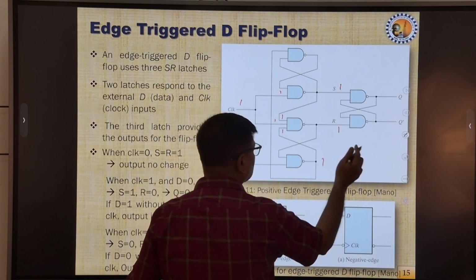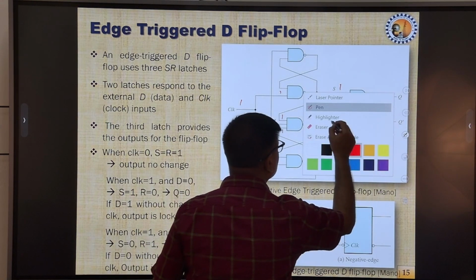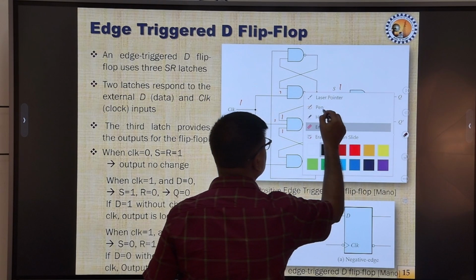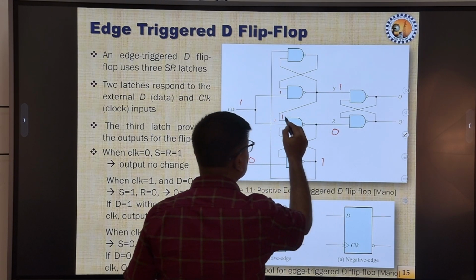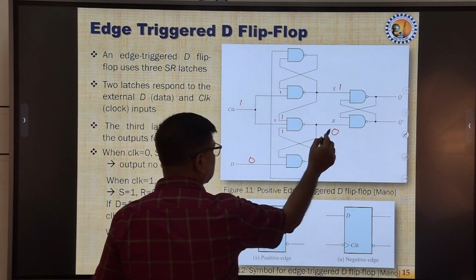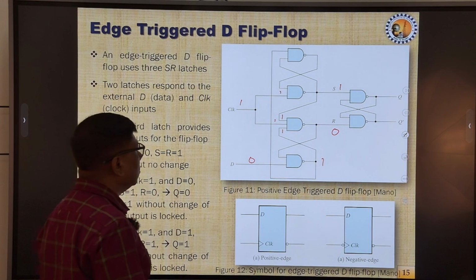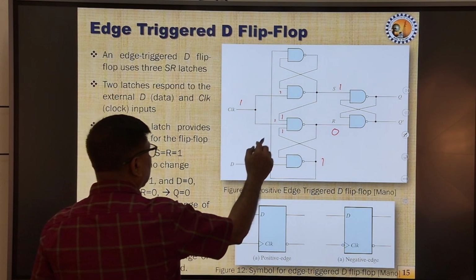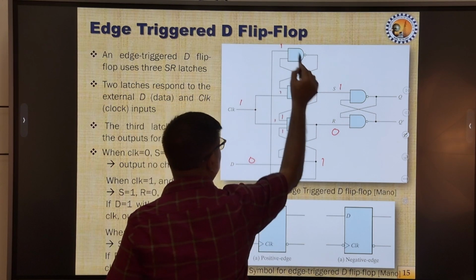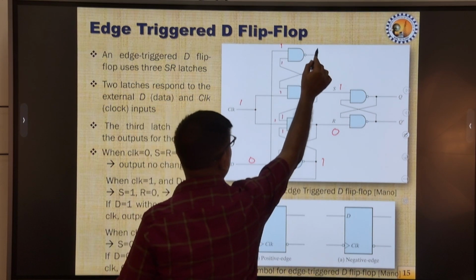So as a result, this will be 0 now. Since all the 3 inputs of this NAND gate are 1, the output of this NAND gate will be 0. And here, since this input is 1 and this is 1, it will make this 0.